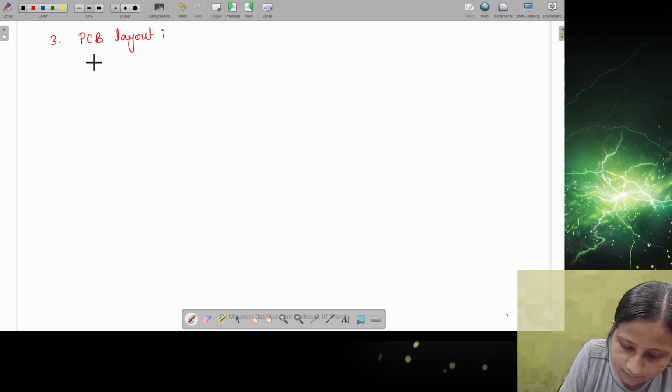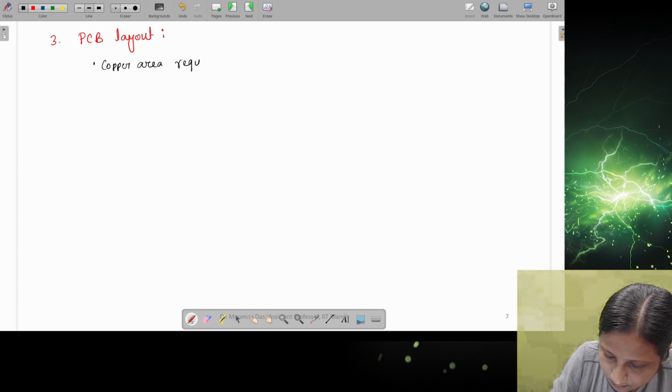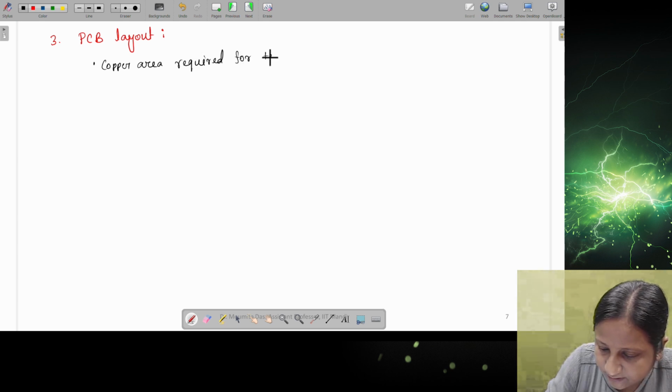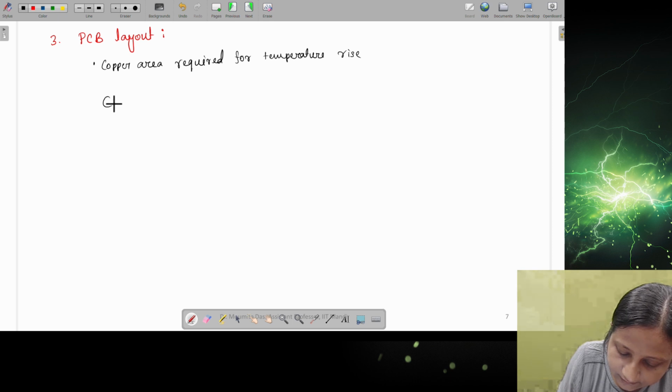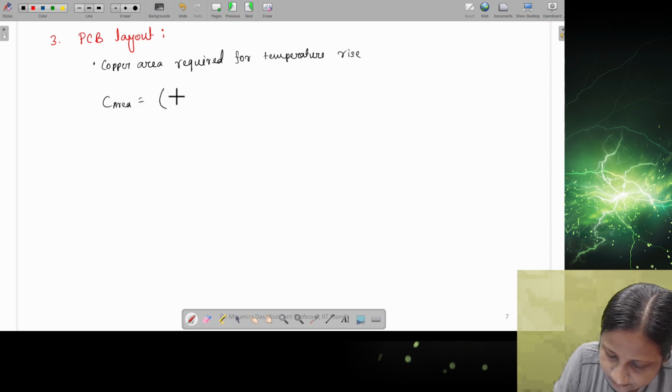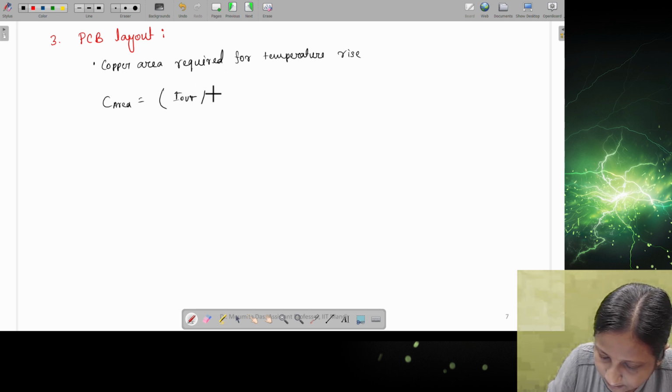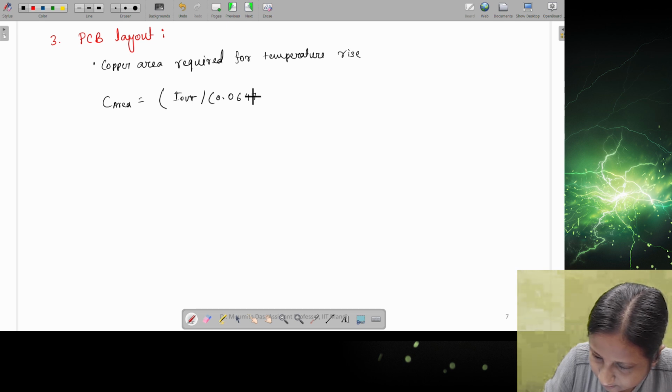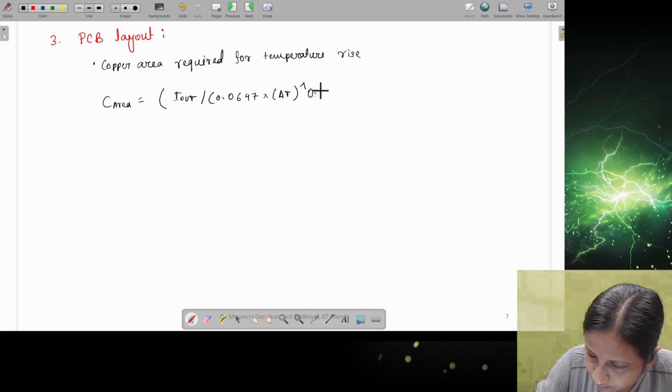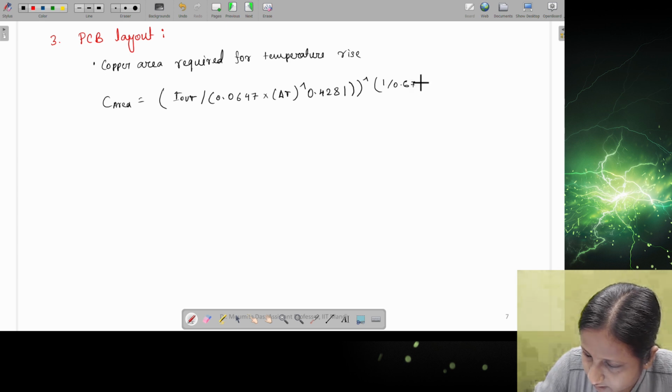The copper area required for temperature rise can be calculated as C area, which is given as I out divided by 0.0647 multiplied by delta T to the power 0.4281, this bracket will close, another bracket will close, to the power 1 by 0.6732.